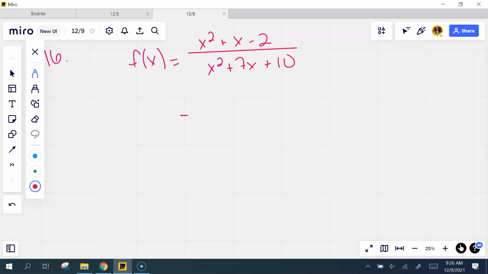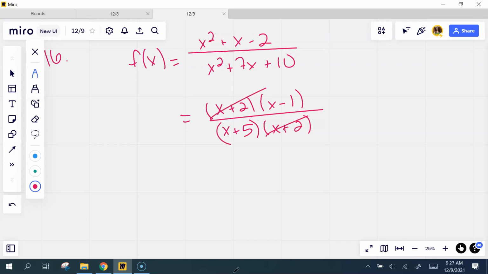These don't have coefficients in front, so they're easy factors: x plus 2, x minus 1, x plus 5, x plus 2. The problem is that these cancel, right? But I want it to be continuous at x equals 2.